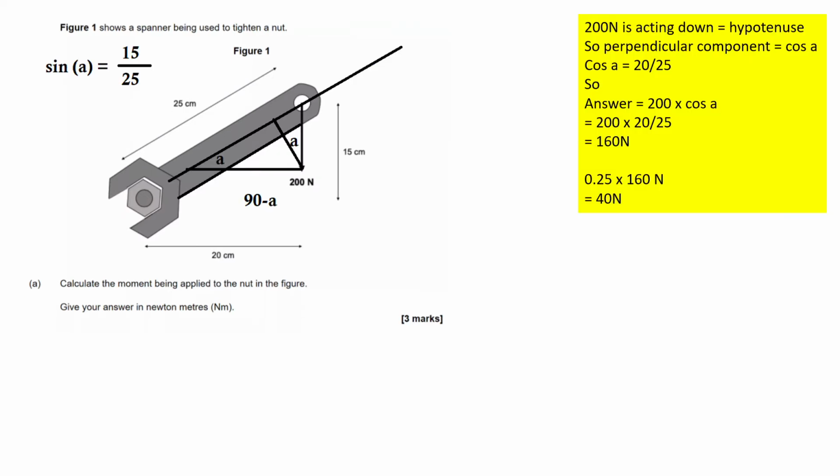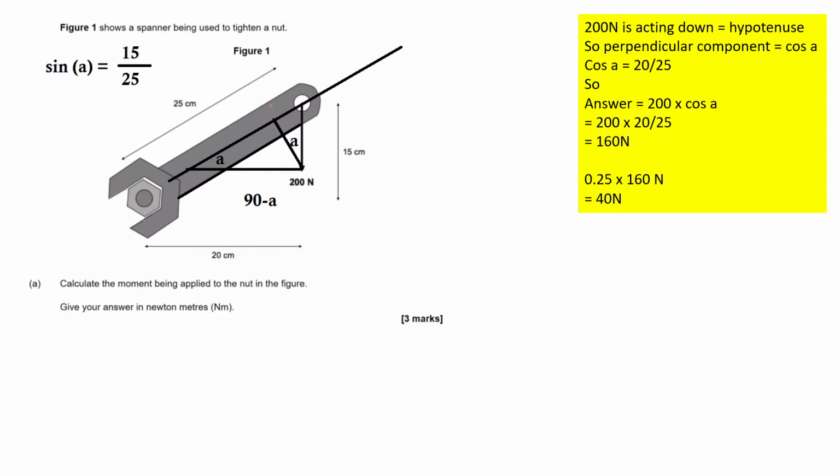Right. So if you look at the 200 newtons acting down. If you look at the smaller triangle, the 200 newtons is the longer length, and then can you see the right angle triangle? Let me pen here.